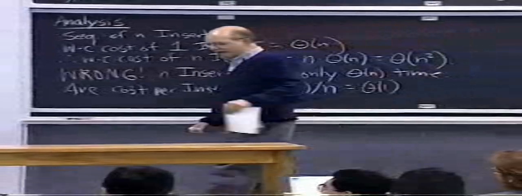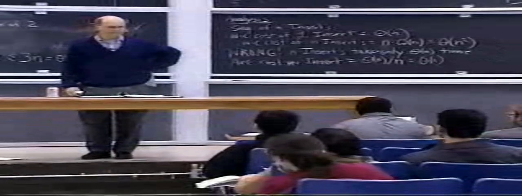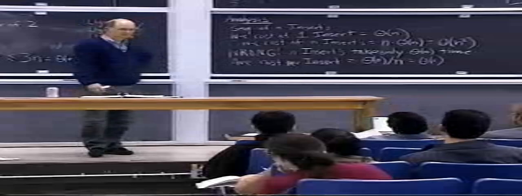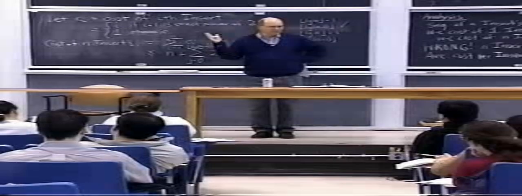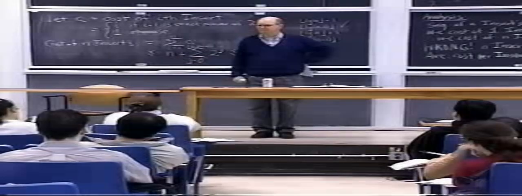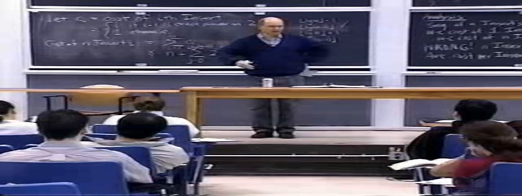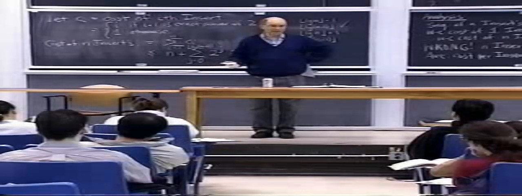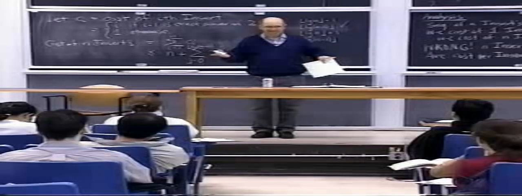And so this is where we get into the topic of amortized analysis. Because what I would like to do is, if I had to present this data structure to a user, what I'd like to tell the user is, just think of every operation as costing a constant amount, because on average, that's what it costs. Now, it may be that as the program is running, there are certain times where it takes longer than other times.